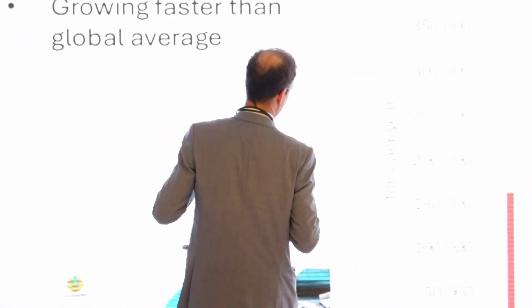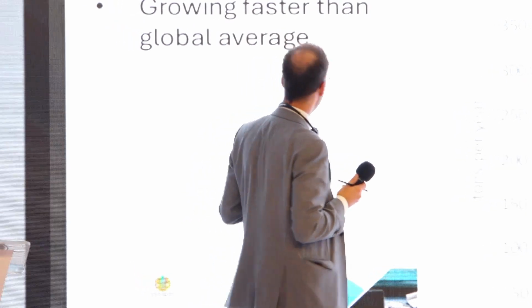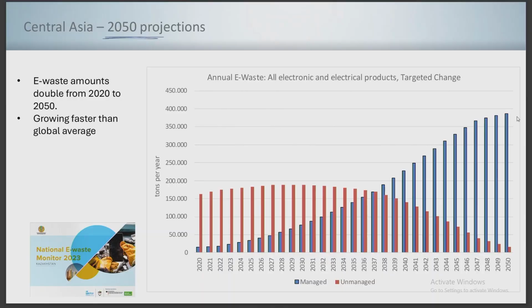One of the findings is that the amount of e-waste in Kazakhstan is going to double from now up to 2050, so it's growing faster than the global average. With the tool, you can also make future scenarios: how much e-waste you're going to collect and how much will remain not collected.